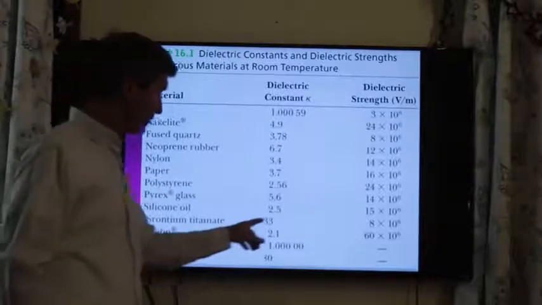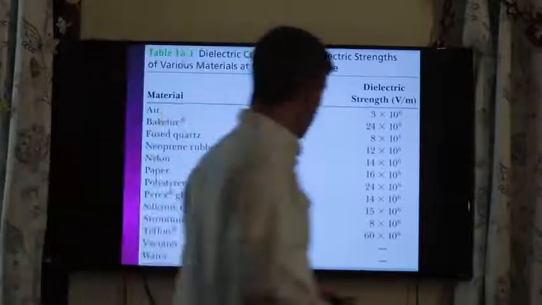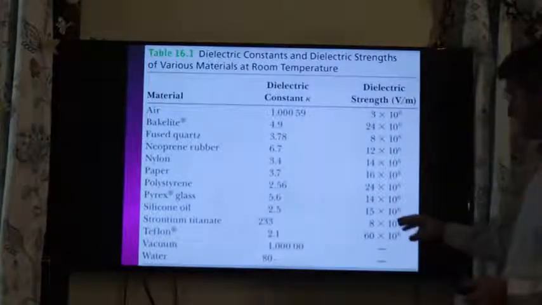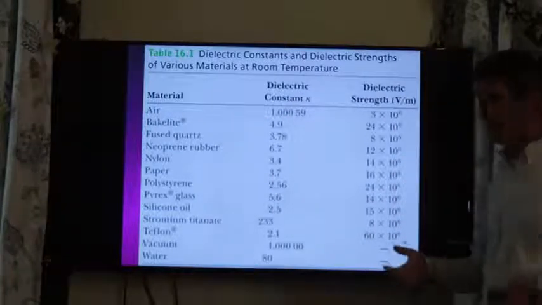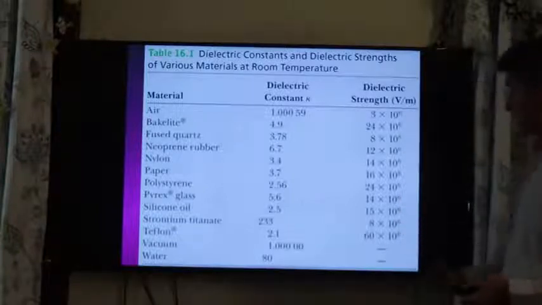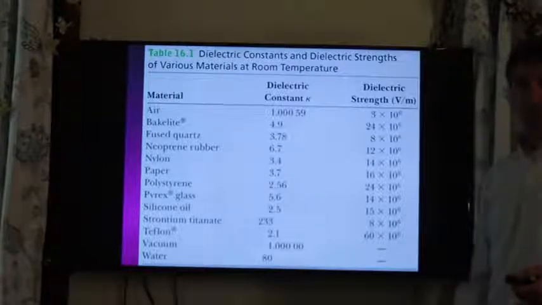You can get 233 times as much charge for the same voltage. However, you notice that its dielectric strength at 8 times 10 to the 6th is high, but there are other materials that are much higher. That means if you're only a millimeter apart, the best you can do is put about 8,000 volts across it. Okay?